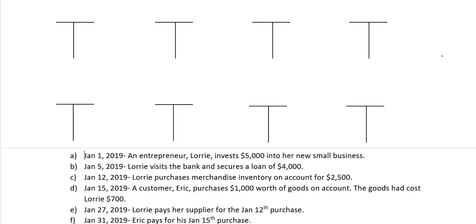Thinking back at some of the questions we've done in Chapter 1 and Chapter 2, we should be familiar with this idea now that investing cash into a new business results in the cash account going up.